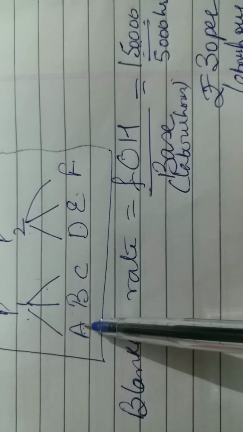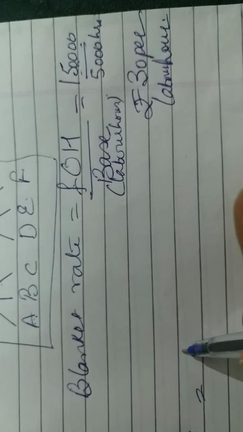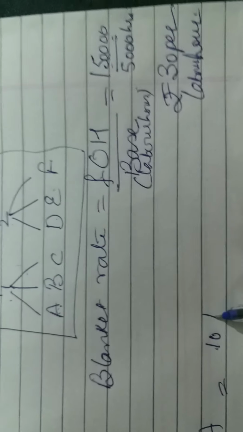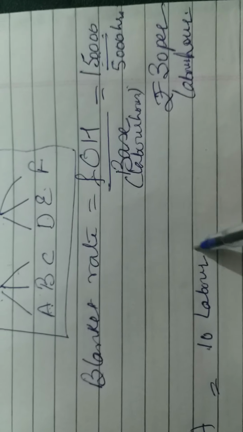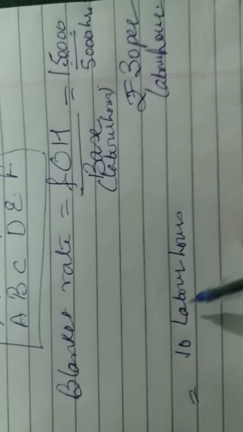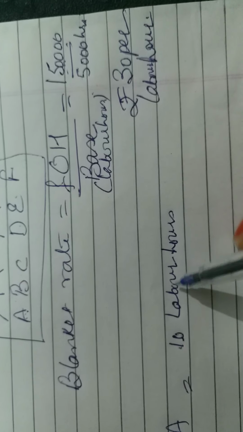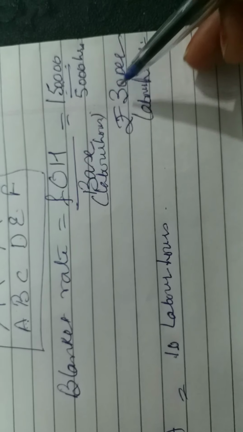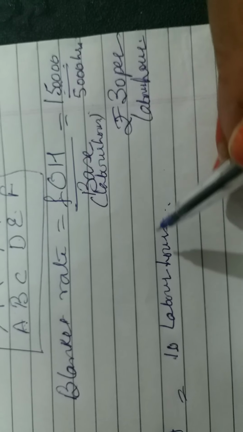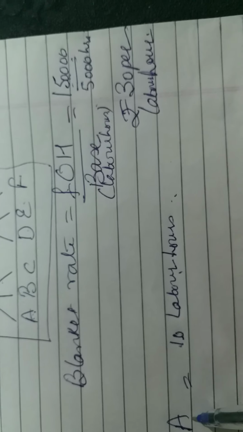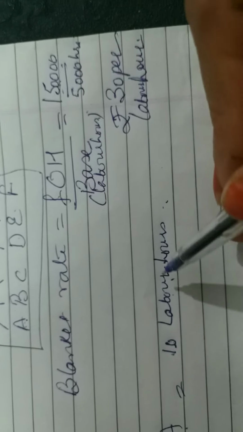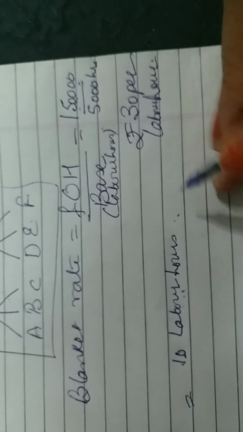Now a unit A is requiring 10 labor hours. If I want to know the total overheads to apportion to product A, I multiply 10 with 30.